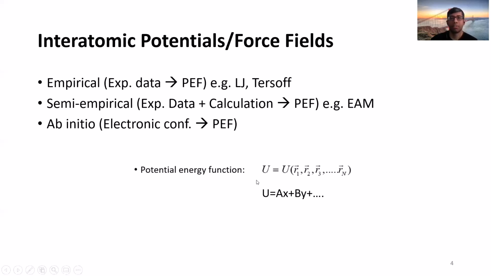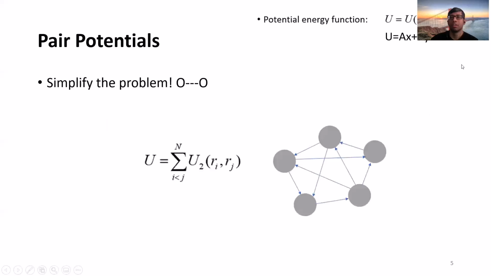So in a very simplistic form, you can think about an interatomic potential or force field functional form looks like something like this: AX plus BY, some variables and some constants. That's it. Now, when it comes to a system, it contains so many interactions, right? And considering those and calculating all the interactions and putting it into a functional form is very difficult to follow.